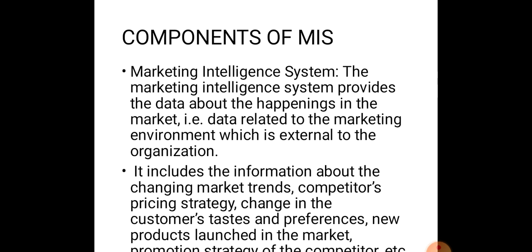It includes information about changing market trends, competitors' pricing strategy, changes in customer taste and preferences, new products launched in the market, and promotion strategy of the competitors. These are the variables we collect information about, regarding the external environment or market scenario.